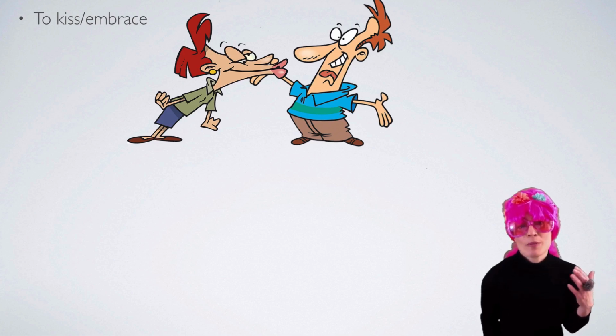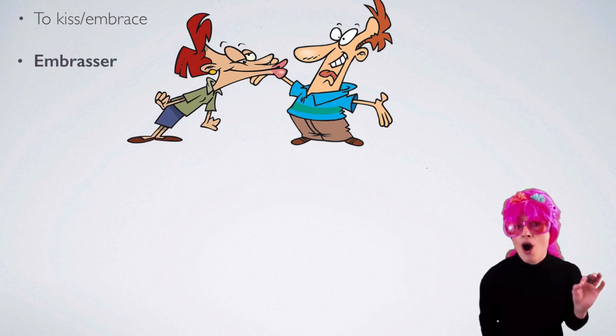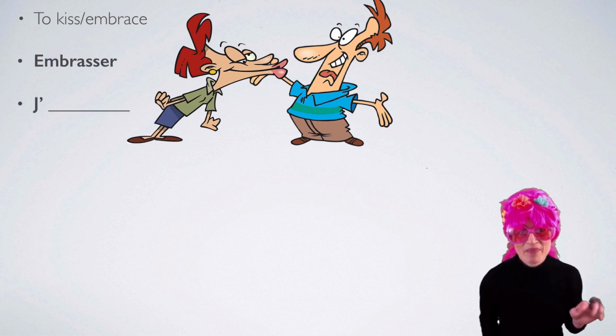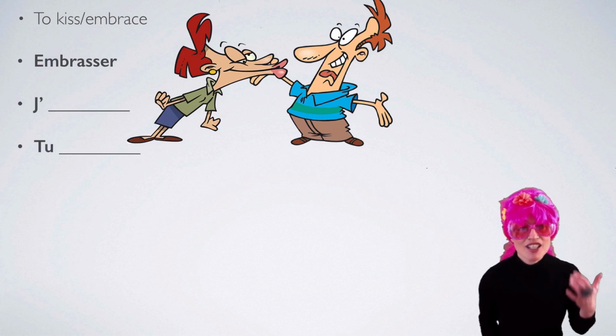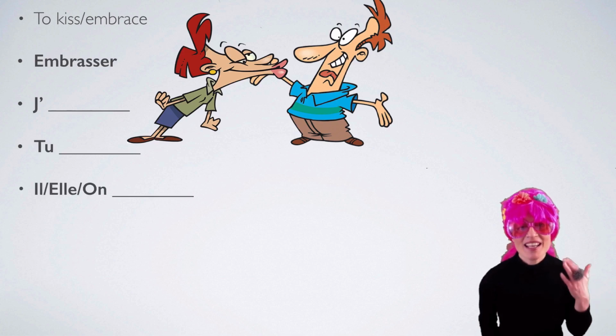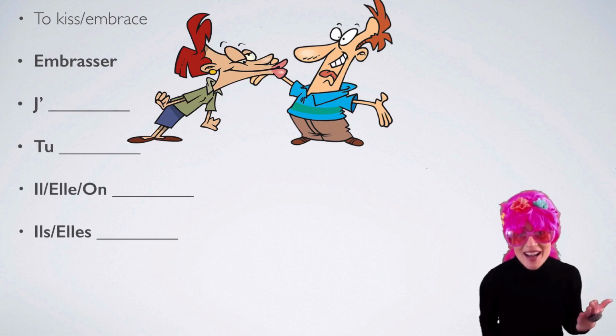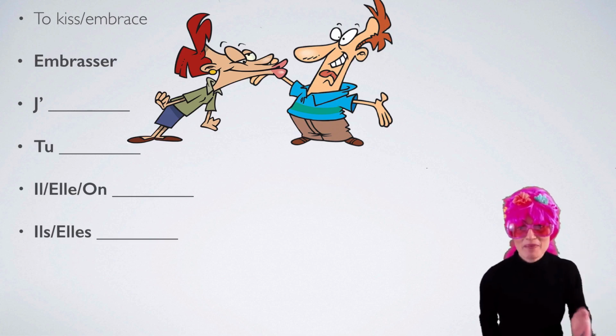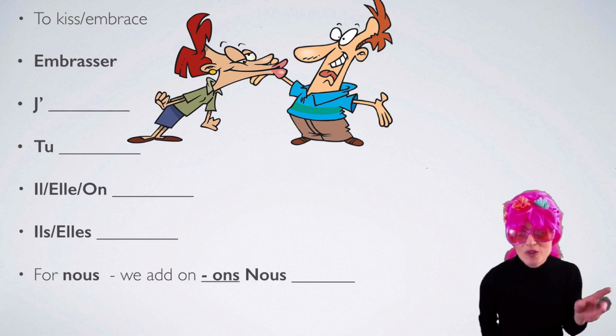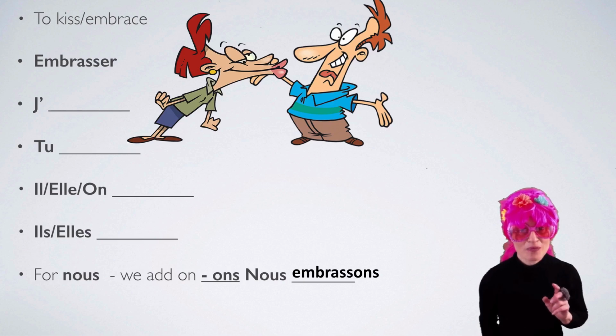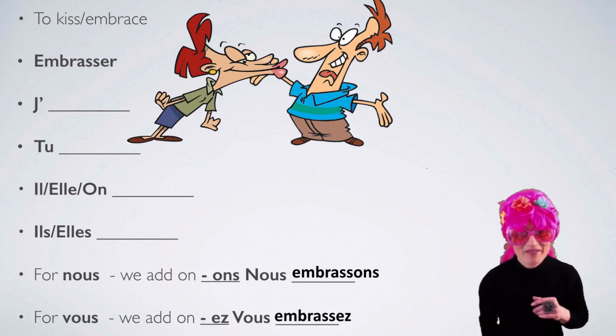To kiss or to embrace, mostly to kiss, is embrasser, not to embarrass. J'embrasse. Tu embrasses. Il, elle, on embrasse. Il, elle, they embrasse. They all sound the same, except for nous. Nous embrassons. Vous embrassez.